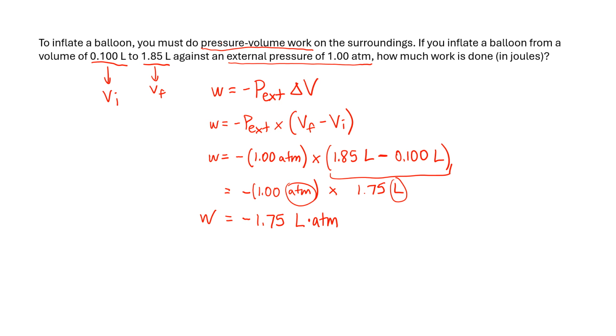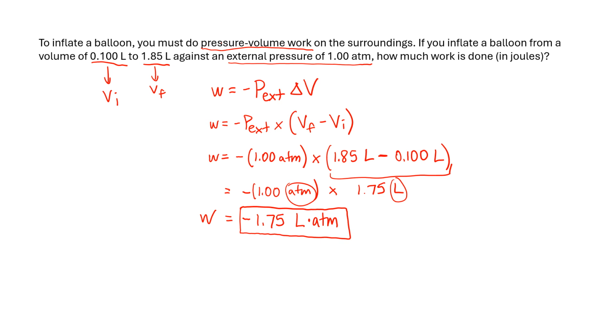Now that's kind of weird because we never talk about work in terms of liter times atmosphere, right? Whenever you're trying to think of work being done on something or a system doing work on the surroundings, whatever the case may be, the unit should be a unit of energy, right?